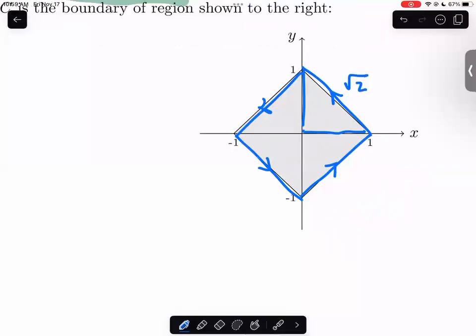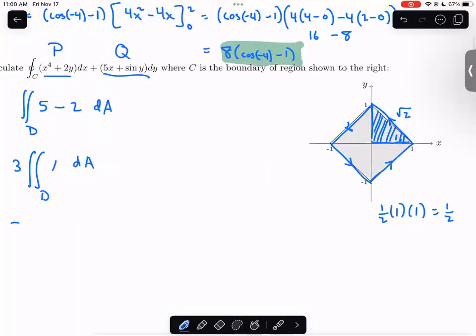If I just found the area of one of these triangles, that's 1/2 the base times the height, so that's going to have an area of 1/2. And we have 4 congruent triangles, all of them have the same area. So this is going to be 4 times 1/2, which is 2. So at the end of the day, 3 times 2 equals 6. Or again, if you wanted to do root 2 times root 2, that's another way that you could get 2 for the area.